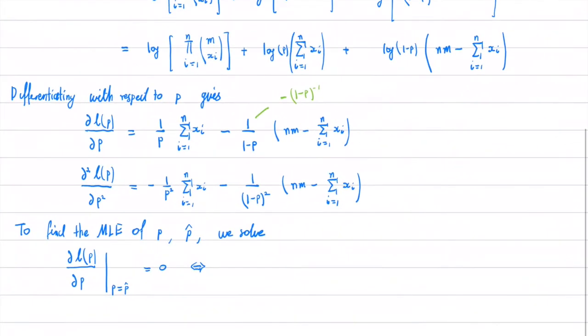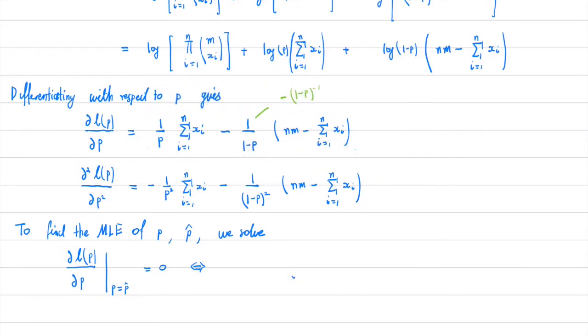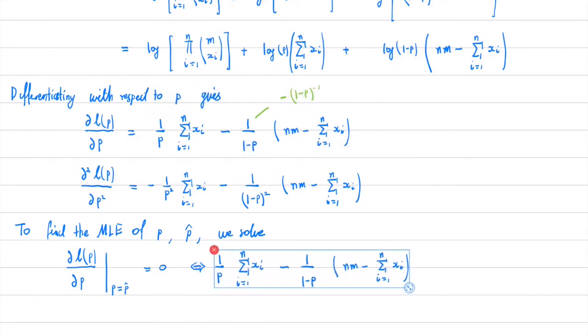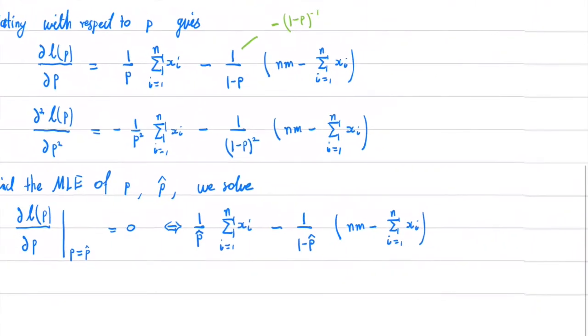So I'm just going to copy this particular expression here that we have. Now that is in terms of p, so we have to write hats wherever we see a p.